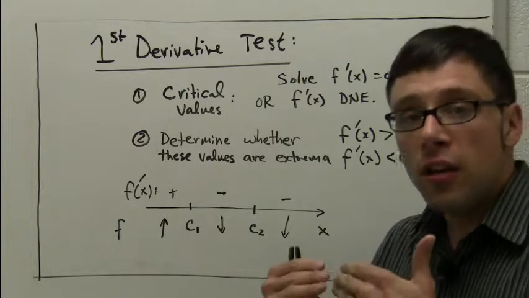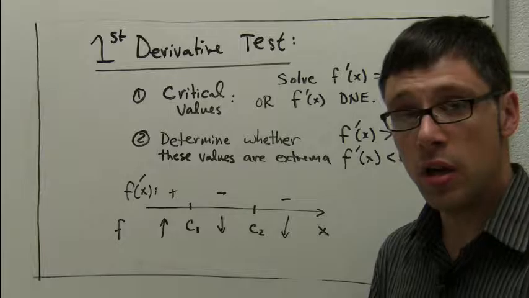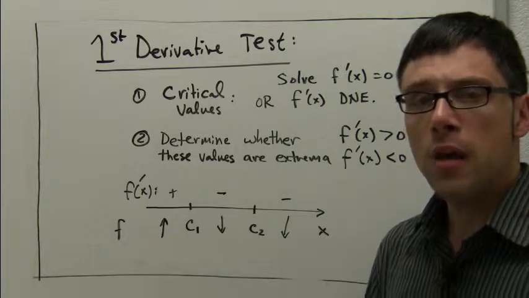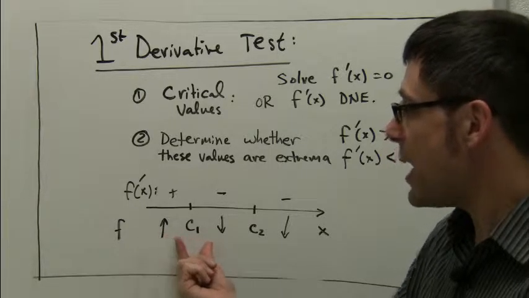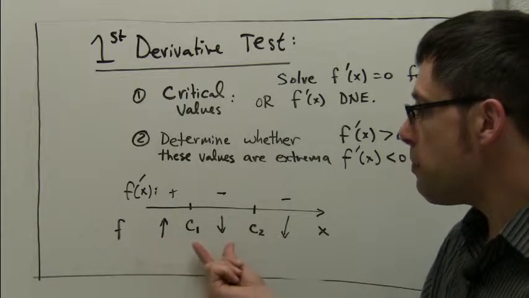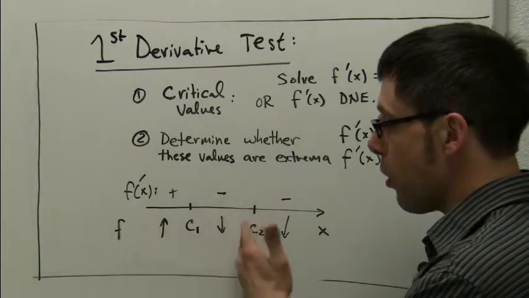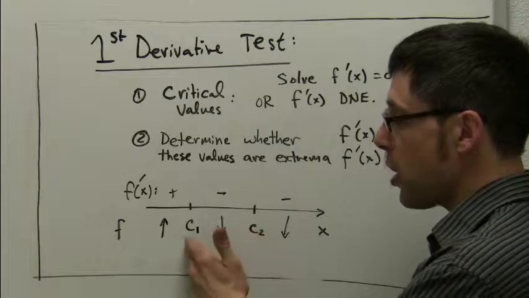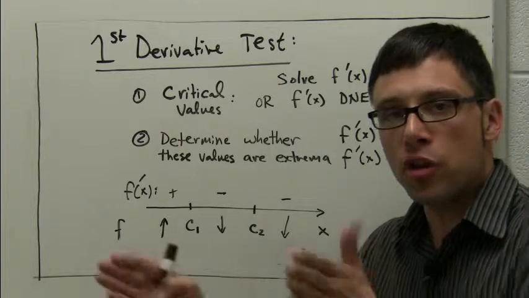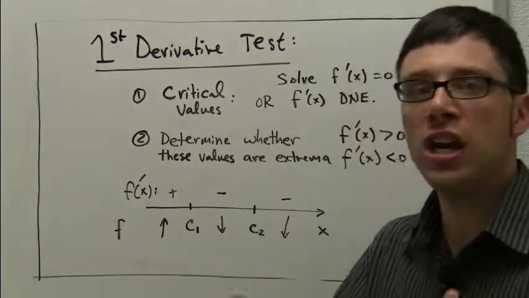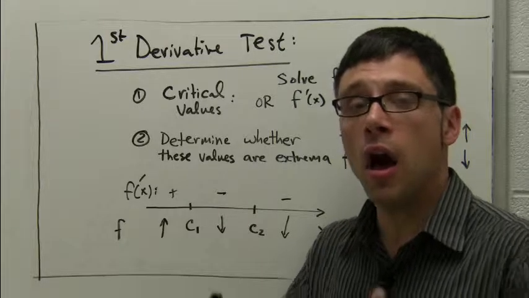So the first derivative test includes not only finding the critical values of the function for its particular domain, but also testing the sign of the first derivative for all of these portions of the domain. Notice that when we compute where the critical values are, we're essentially breaking up the domain of the function into different chunks. We are partitioning the domain.